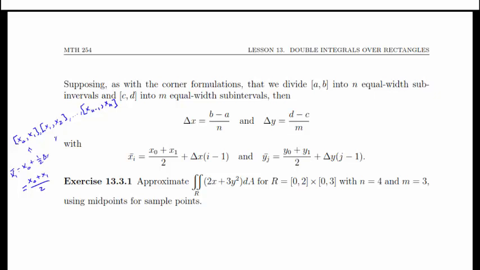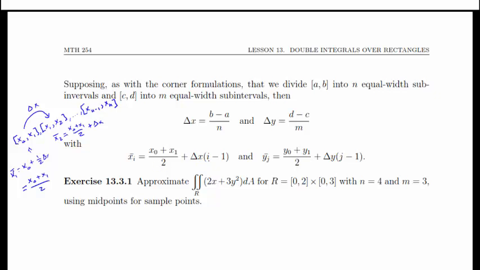And for x sub 2 bar, this should be the average of x0 plus x1 over 2, the midpoint here, plus a single delta x, so that we move from here over by delta x to get to the midpoint of the next interval, and so on and so forth. So if i is 2, then we add a single delta x to the midpoint of the first interval.